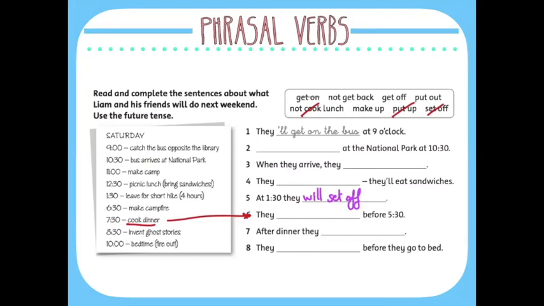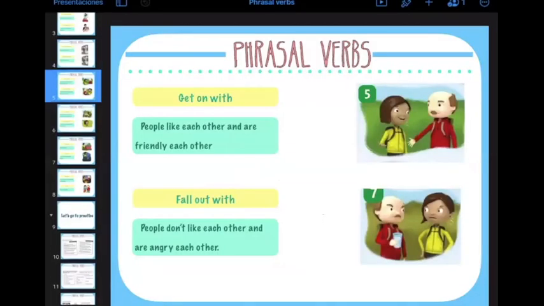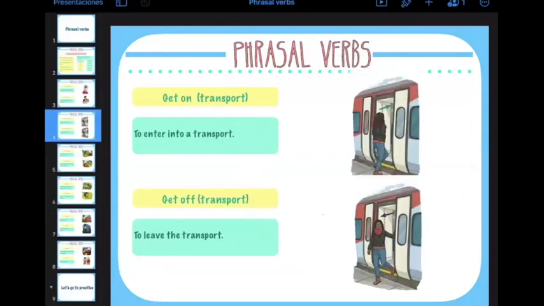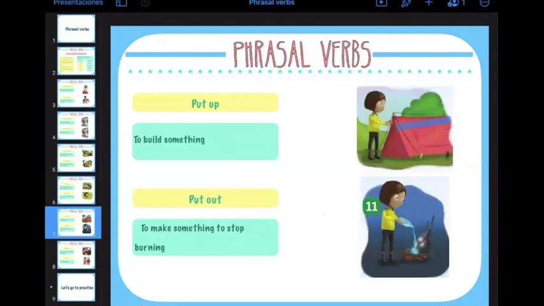Irene Gómez. I think that is put out. Put out. Why? What's the meaning of put out? Poner. No. Look at this: look forward to, look after, get on, get off. Put out, to make something stop burning. Really?